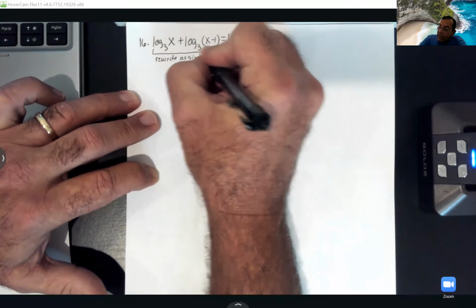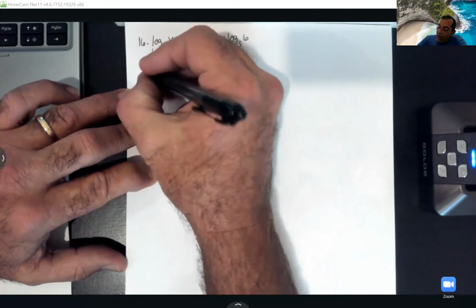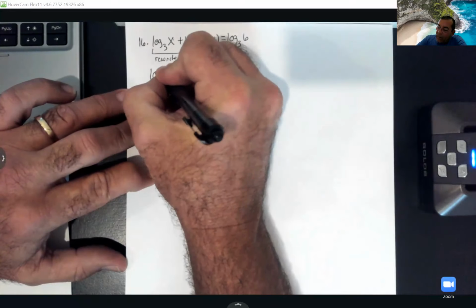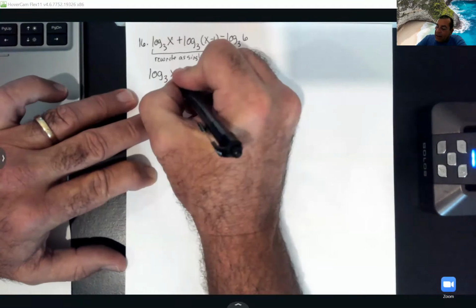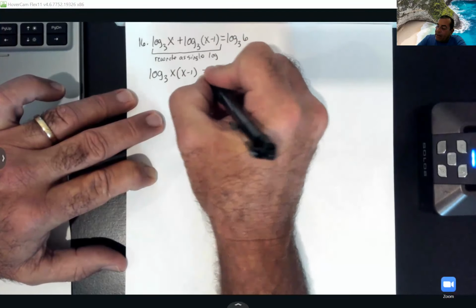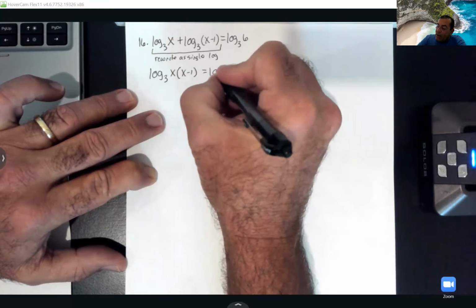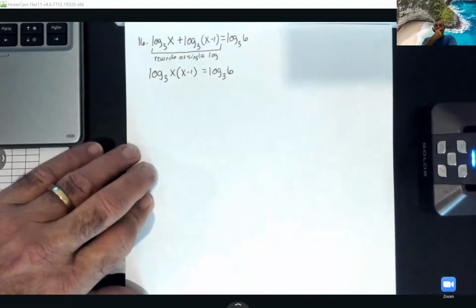Now remember, these are being added, so we rewrite this as a product. So bring out that log 3. And my product will be the x times the x minus 1. All that is going to equal the right side, which is a log 3 of 6.